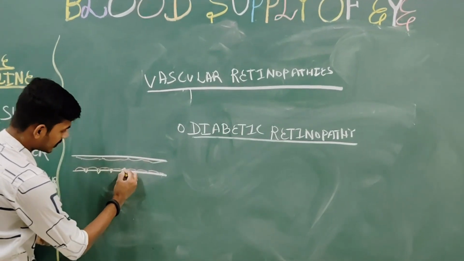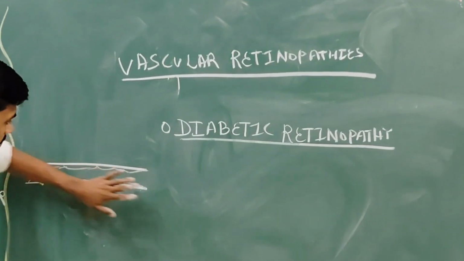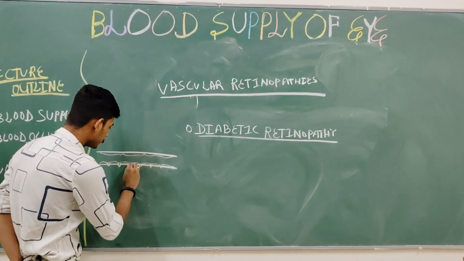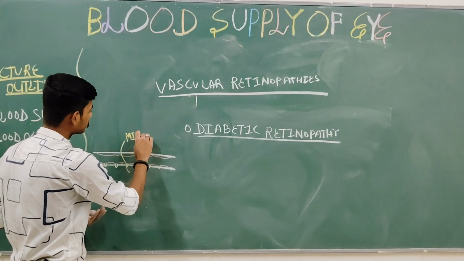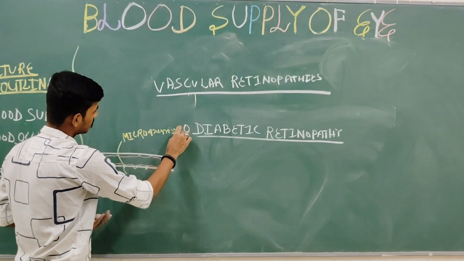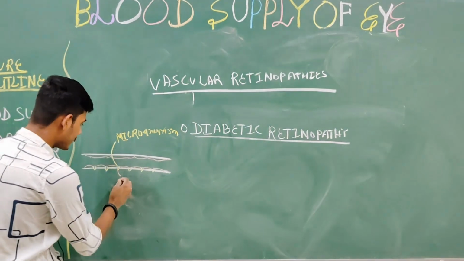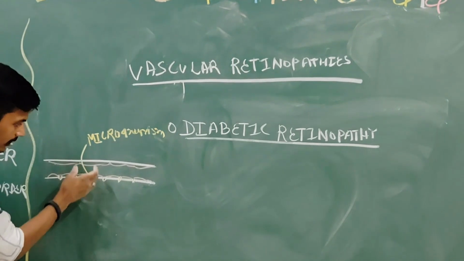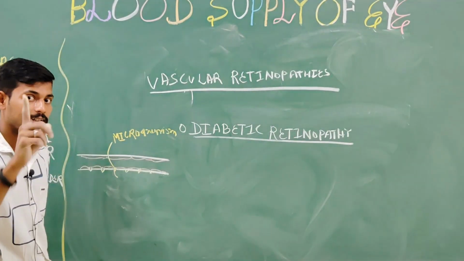A small bulge occurs in the blood vessel, and sometimes it ruptures, resulting in fluid leaking, or you can say a breakage of the blood retinal barrier.